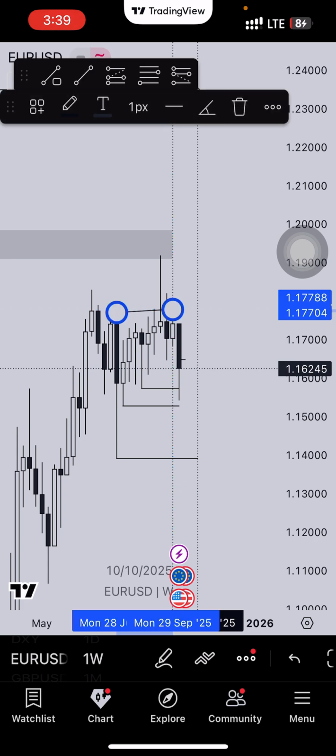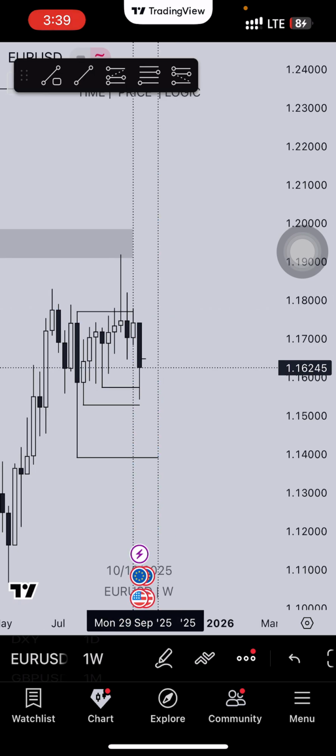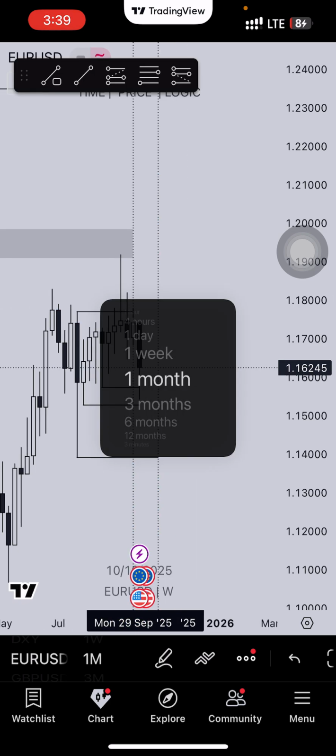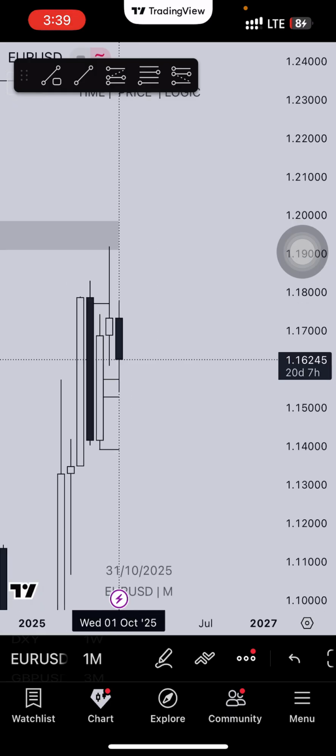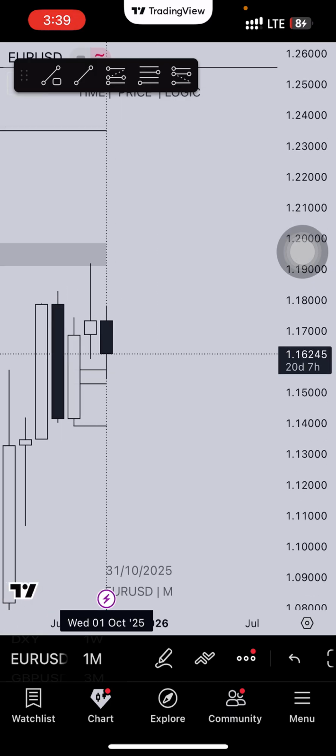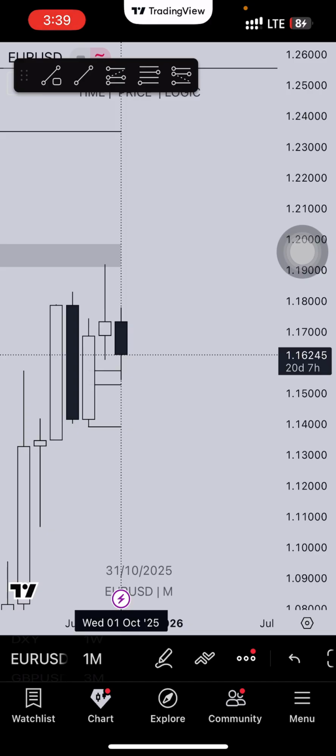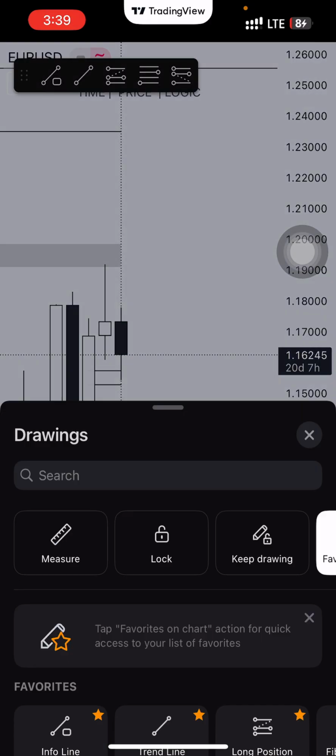This week we reached the 50% of the monthly CLT. Right, we reached the 50% of the monthly CLT right here. Let's measure that out for you.